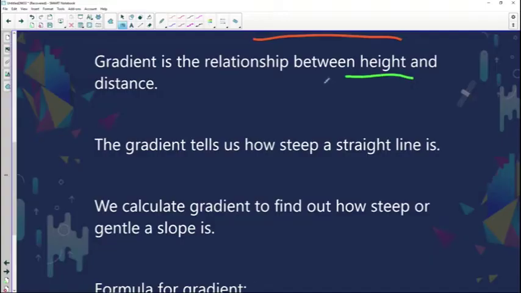Now let's continue looking at what this tells us. It's a relationship between height and distance. How do we calculate distance in meters? 500 on a topographical map, 100 on an orthophoto. The gradient basically tells us how steep it is in a straight line from one area to another area.